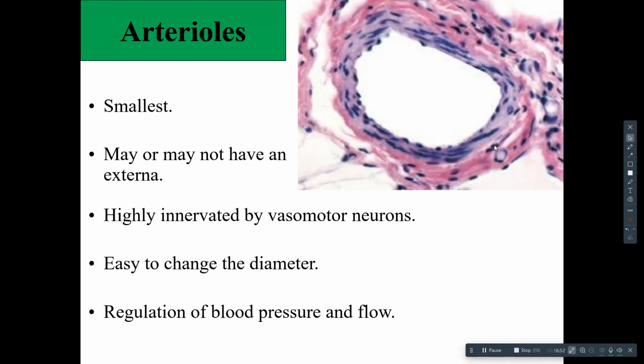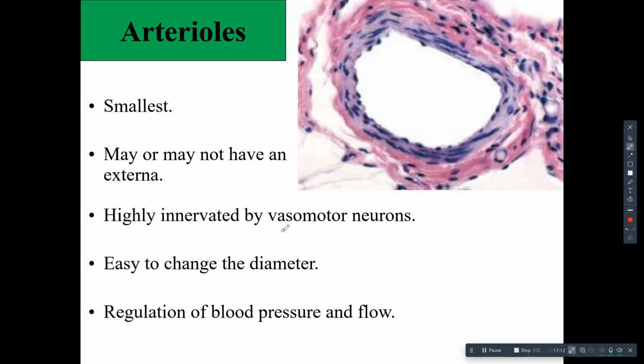All right, my smallest arteries are my arterioles. And my arterioles are so small that sometimes they don't always get an externa. Now, one of the key facts about the arterioles is they have a lot of neurons going to them.